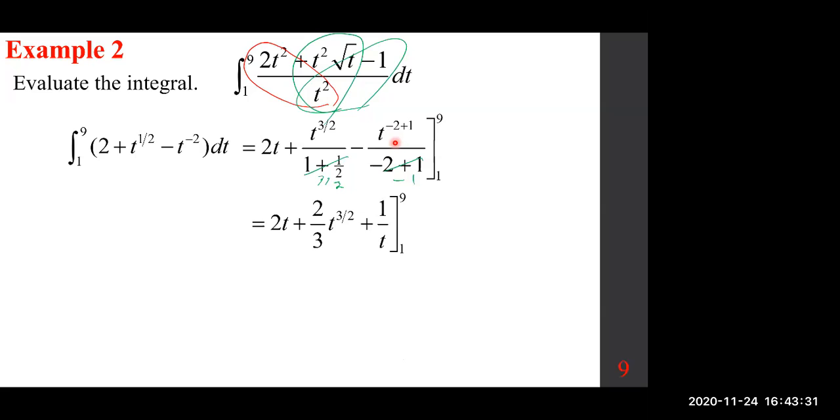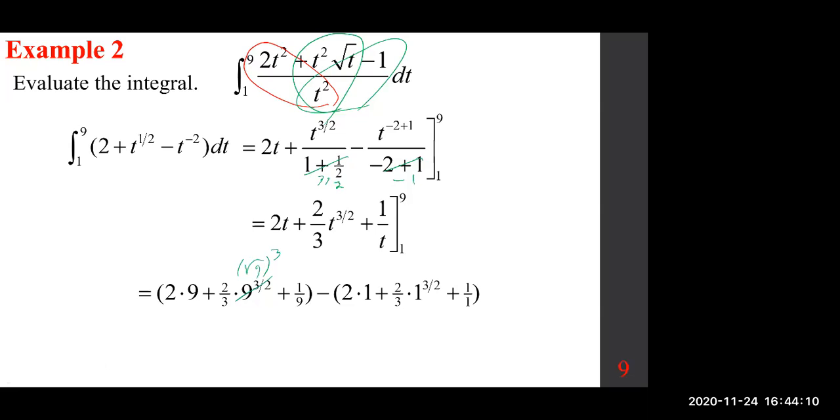Well, now let's plug in everybody. Let's plug in 9 and let's plug in 1. When we do that, this is what we get. 9 to the power of 3/2 means the square root of 9, cubed, which is 3 cubed, which is 27, divided by 3 is 9, 9 times 2 is 18, okay?